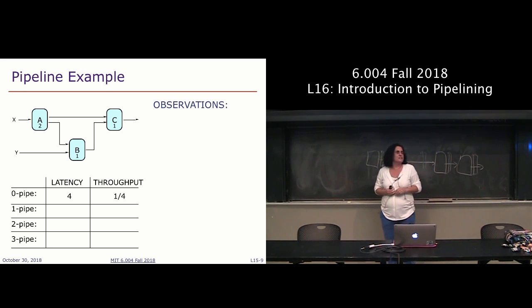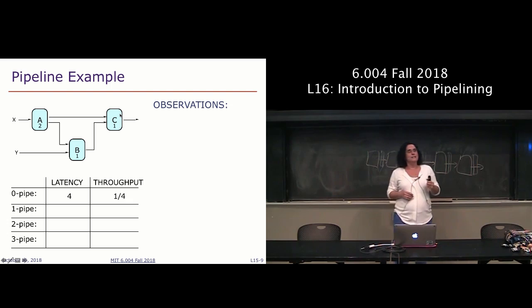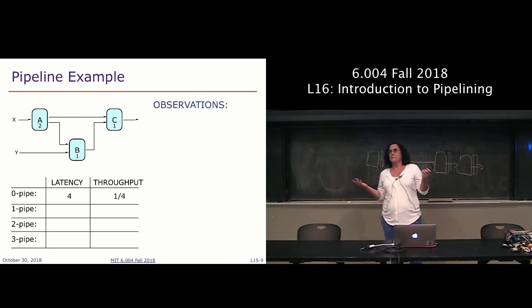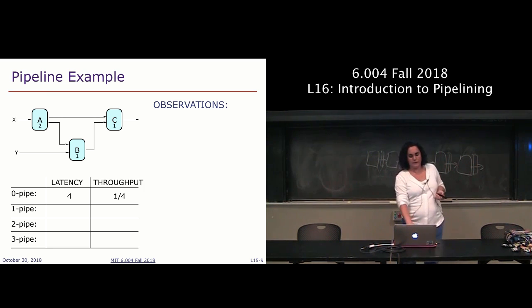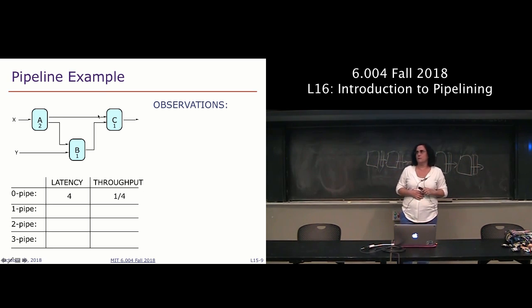So here we have a circuit consisting of A, B, and C, and the latencies of each of these modules are 2, 1, and 1. In a combinational circuit, which is what we call the zero pipeline, the latency of the circuit is the longest path, which is how long? 4, right? If I go through A, B, and C, I have 4, and so my throughput is 1/4.